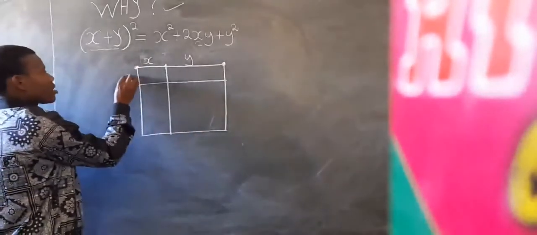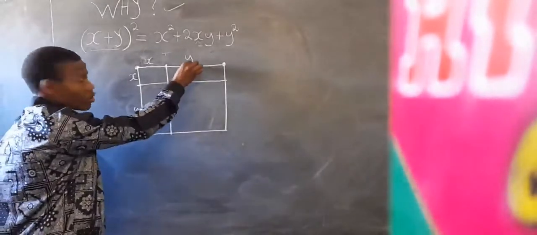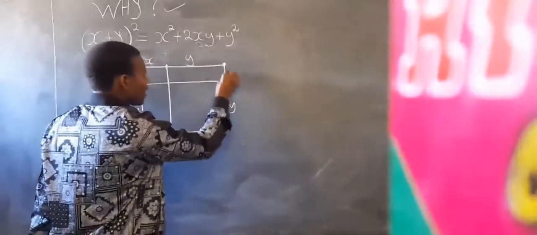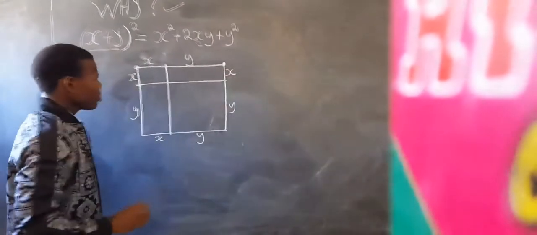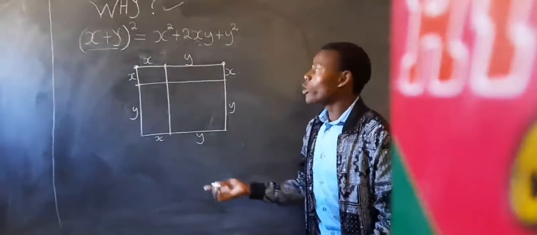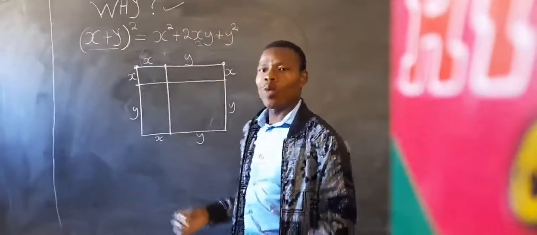Let me say this is X again, and this is Y, which is equal to this one, then this is X, then this is Y, then this is Y, then this is X. Now you can see we have a square because we had X plus Y being squared.